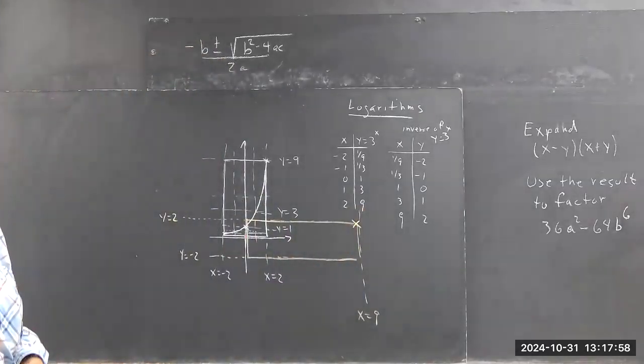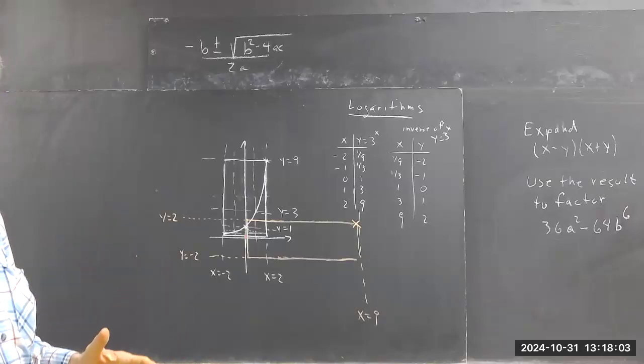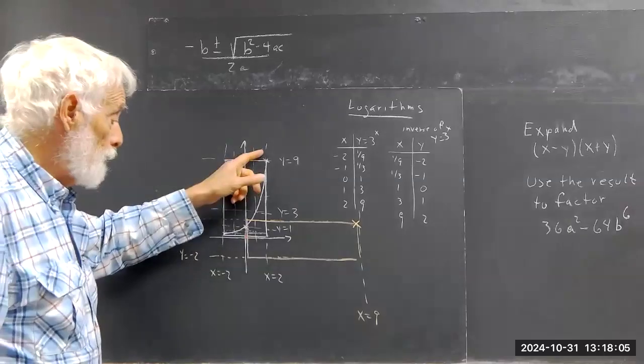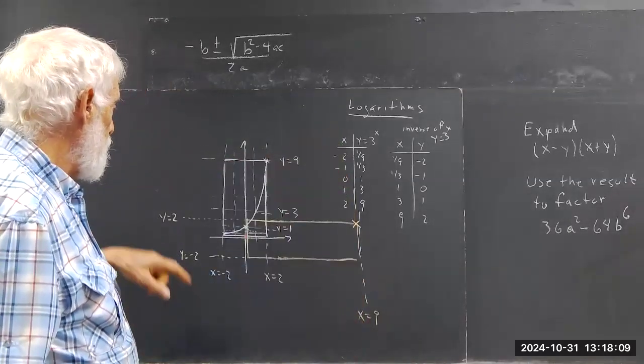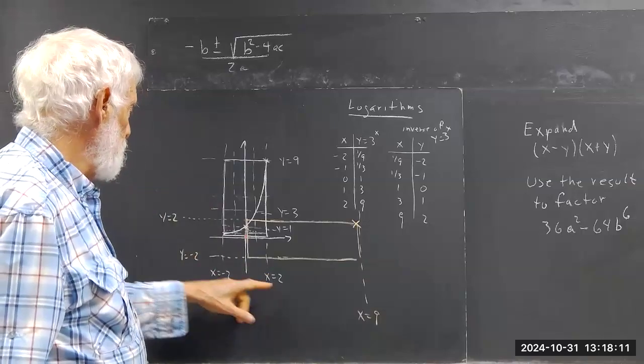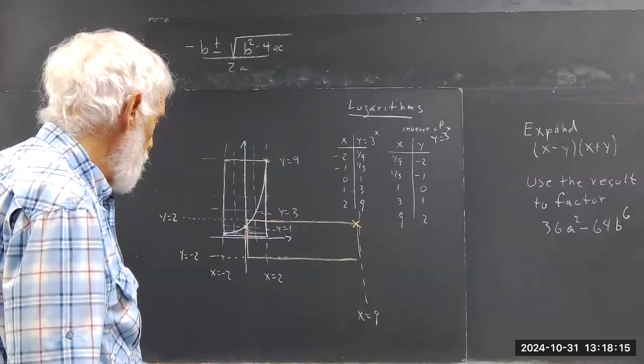That makes sense? Because x and y are being switched. So y equals 9 becomes x equals 9. We've got to be on this line. X equals 2 becomes y equals 2, puts us on this line. There's our point.